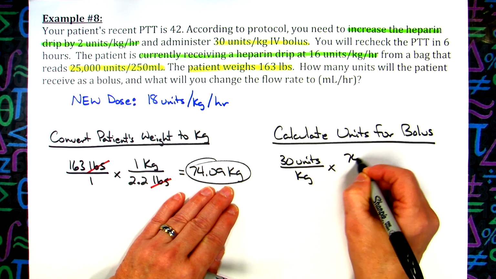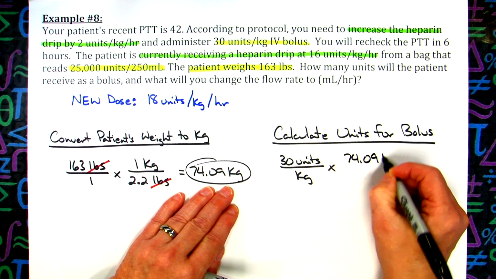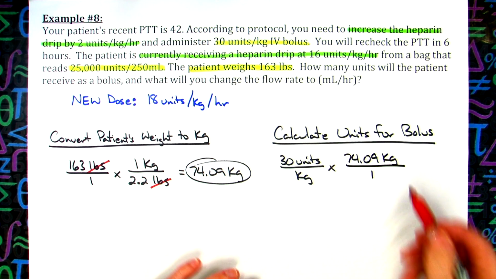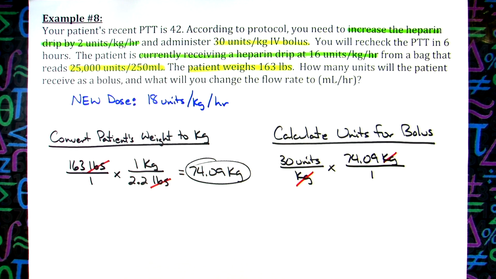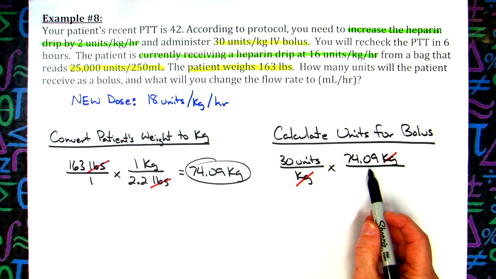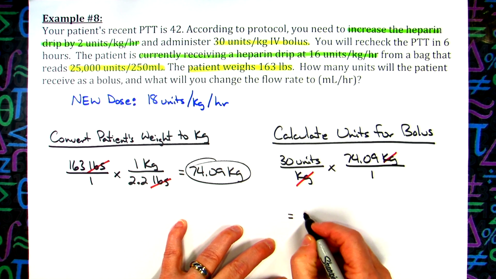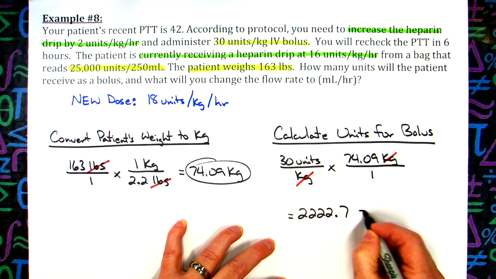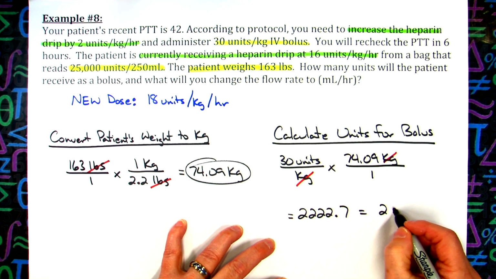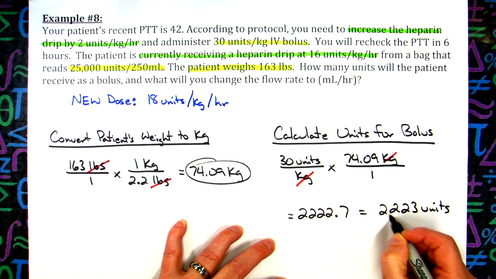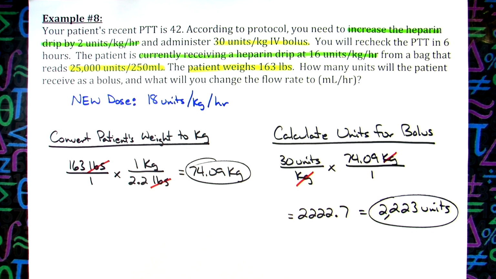We'll put the 74.09 kilograms on top, over 1. That's going to allow us to cross out those kilograms, leaving me with just units. So you'll take 30 times 74.09 on your calculator. You're going to get 2222.7. We're going to round that to 2,223 units. So pretty straightforward there.